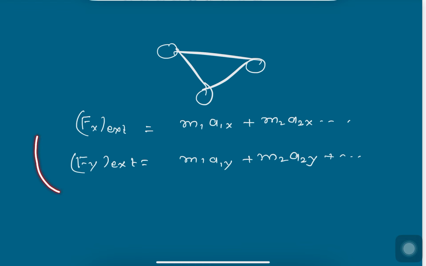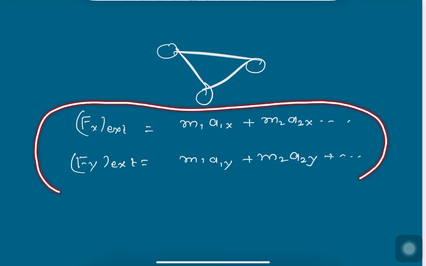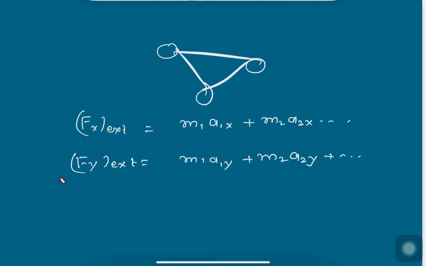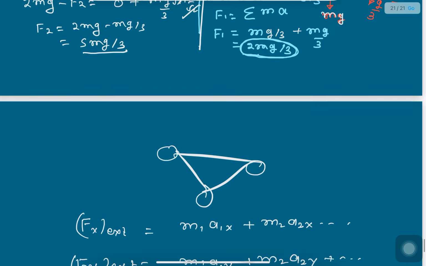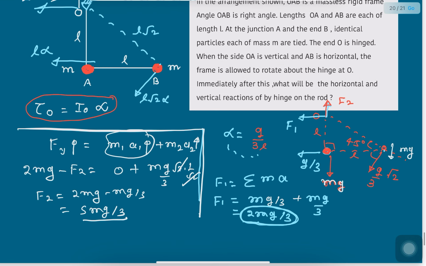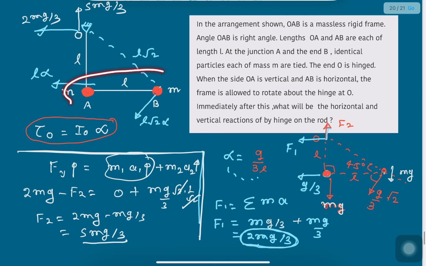So this is a very powerful relation which normally people don't use, but it's better to use in the case of a many particle system. Like here I have considered these two particles as a part of the system, and the external forces are the hinge forces and these two weights. The forces that the particles apply on each other through the frame are internal forces, right?